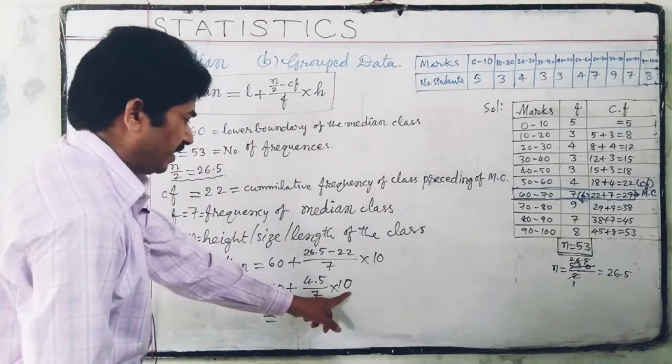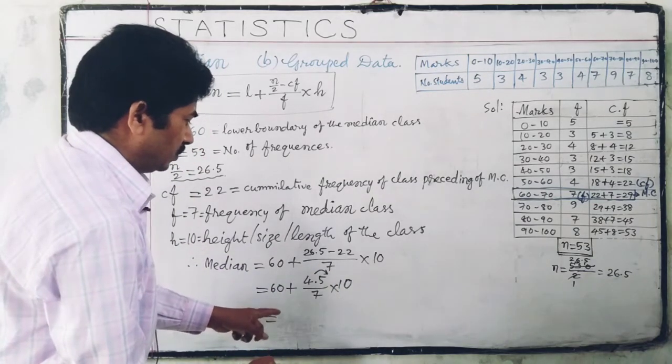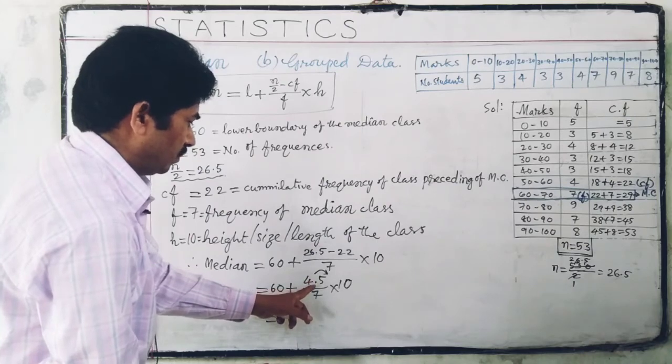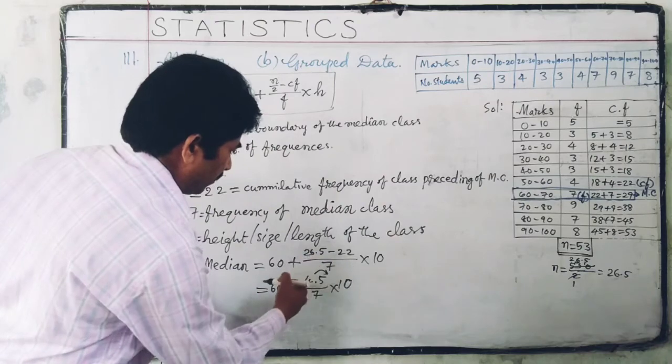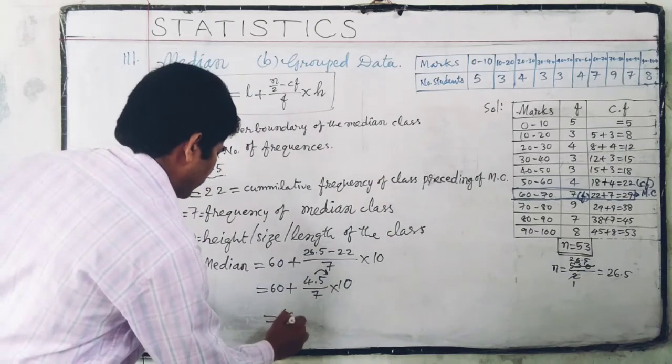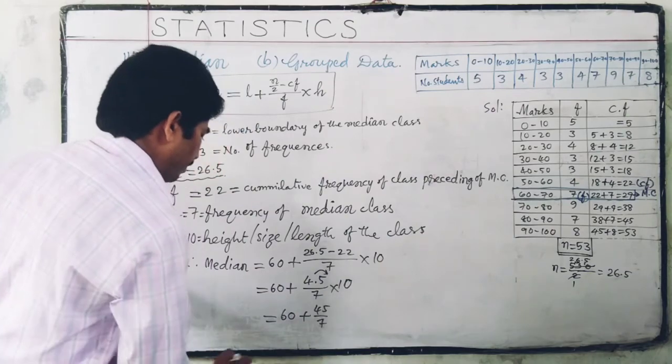To multiply by 10, shift the decimal to the right. So here, 4.5 becomes 45. 60 plus 45 by 7.